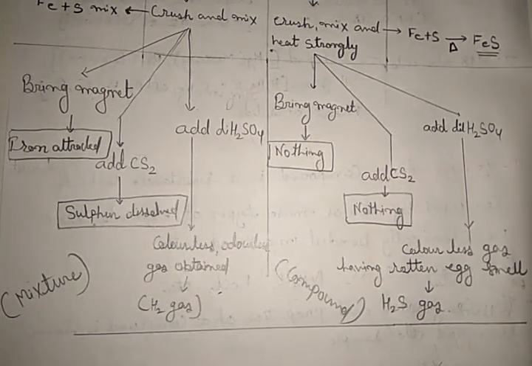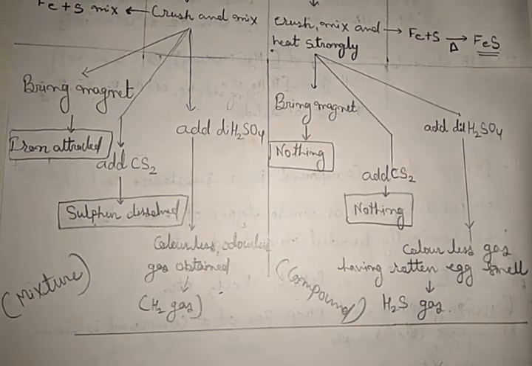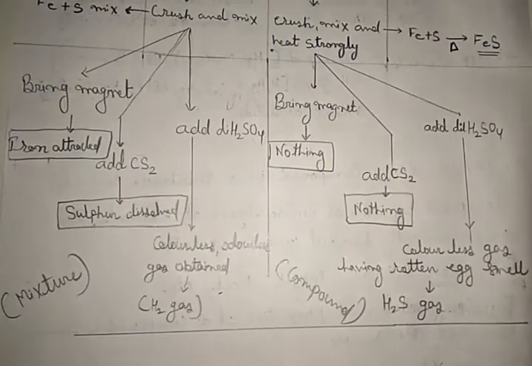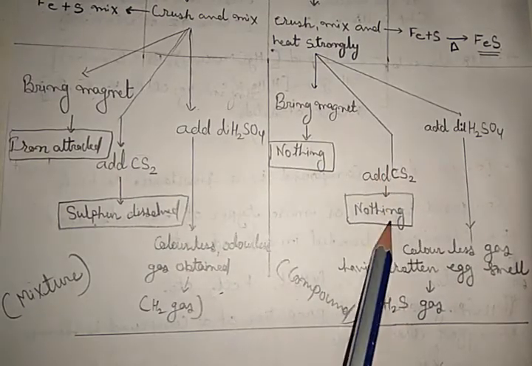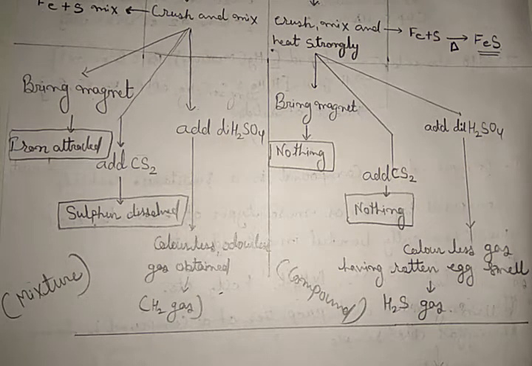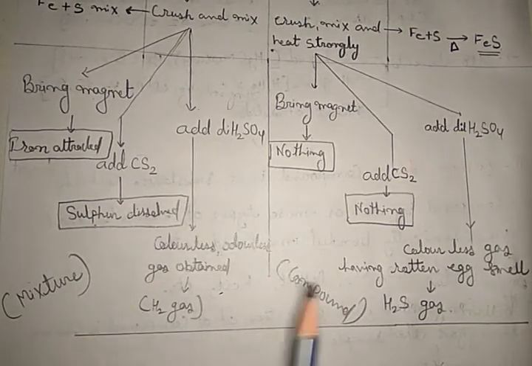That means now they cannot give their identification tests separately because their properties have changed. That's why here it is not attracted toward the magnet, and the sulfur does not dissolve in carbon disulfide solution. Got it? So that was a mixture and this was a compound, and they have different properties.